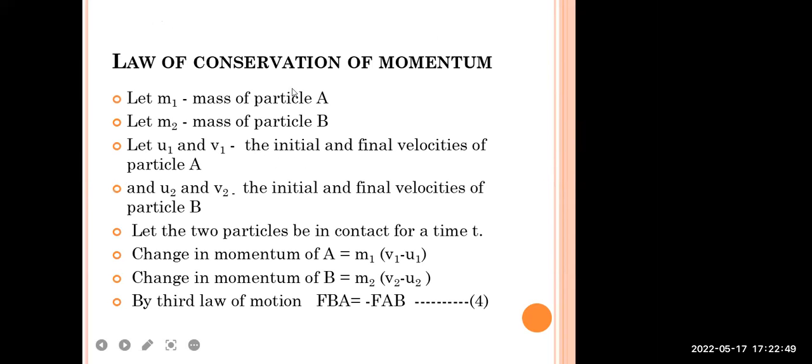Okay. Now, there is a derivation for the law of conservation of momentum. Let m1 be the mass of particle A which is colliding, and m2 the mass of particle B which is colliding. u1 and v1 are the initial and final velocities of A, and u2 and v2 are the initial and final velocities of particle B. Now let these two particles be in contact for a time t.